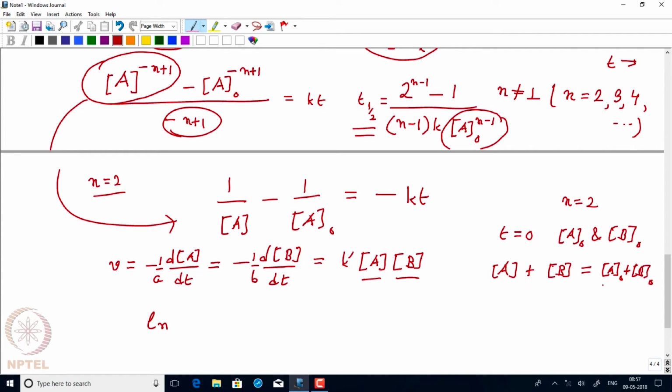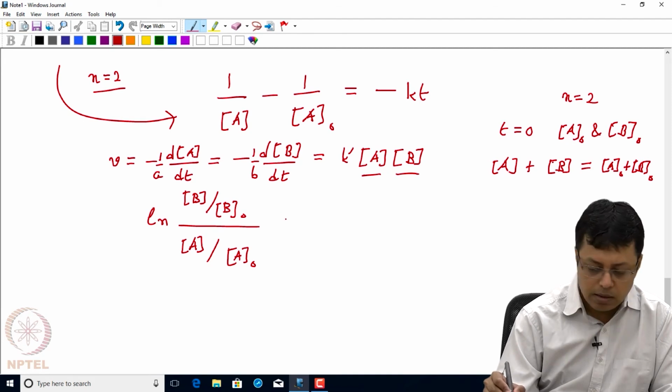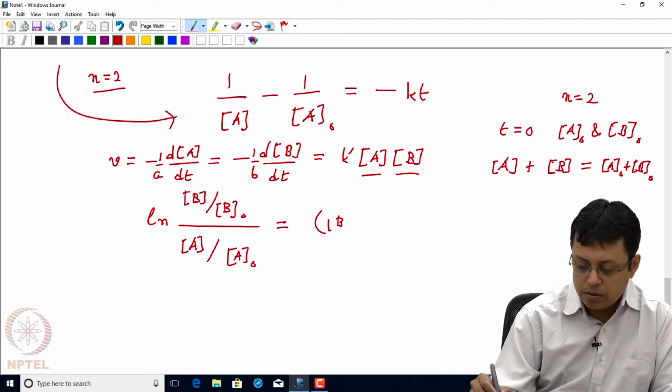If I apply those conditions, I can integrate this equation using the initial conditions as well as this mass balance, and what we get is the integrated rate law: ln of (B by B0) divided by (A by A0) is equal to (B0 minus A0) times kT.